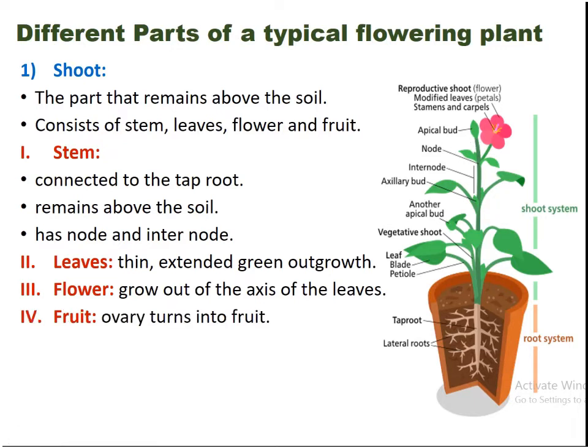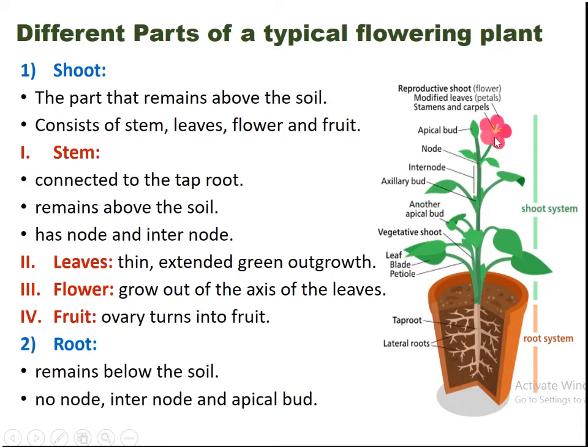And the fruit. When the flower matures, it falls off. The remaining base of the fallen flower becomes the fruit. So after maturity, the ovary of the flower turns into fruit.